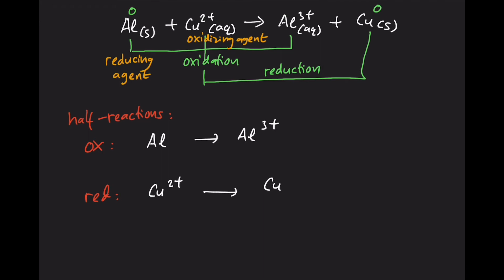Now in this case, we have to balance not only the number of the elements, but also the charge, as we discussed. Here we have 1 Al, here we also have 1 Al, so the number is already balanced. However, on the right side we have 3 plus, on the left side we have a neutral element. And in this case we always add only electrons.